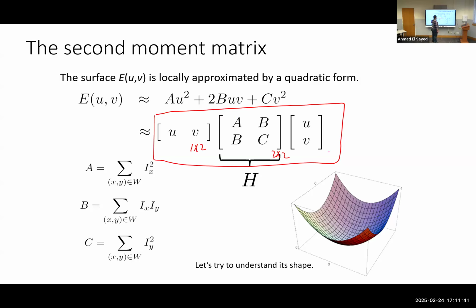And this vector is 2 by 1. If you multiply this times this times this, it will end up that we have this one, which is 1 by 1. Okay? This matrix in the middle, we will call it the H matrix, where it's a matrix consisting of the values of A, B, and C.